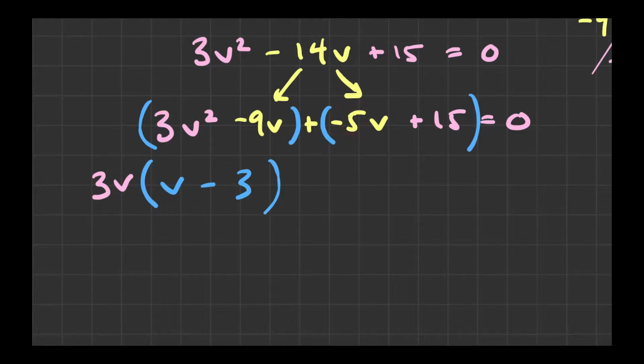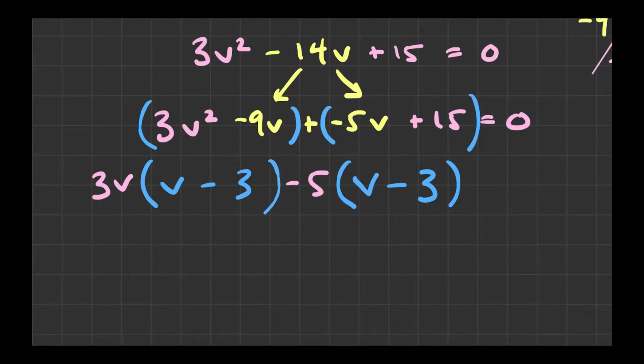So I'm going to just go ahead and write minus 5, because I know that 5 goes both into negative 5 and 15. And when I do that, what's left over in the brackets is, well, I leave the v there because I wasn't able to factor out the v this time. Plus, well, it's actually not a plus now because I took out a negative 5. And 15 divided by negative 5 is negative 3. And that's all equal to 0 now.